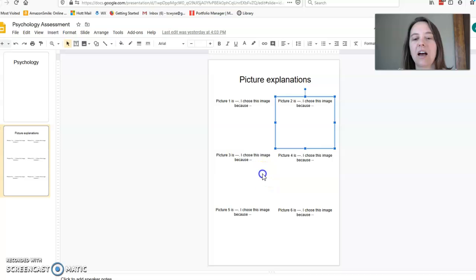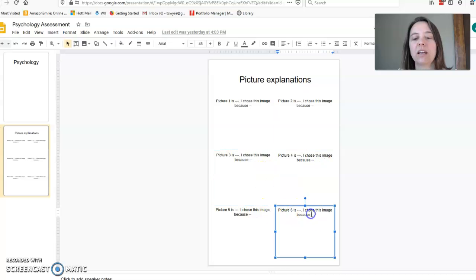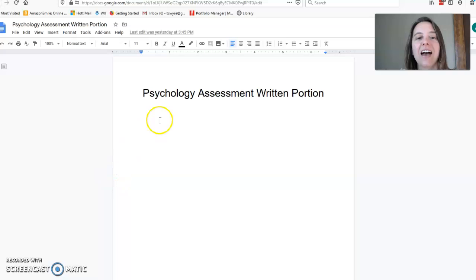Again, I have a template for explaining all 6 pictures. You don't have to use this template. If it's really different, again, you want to check with me, just send me an email.